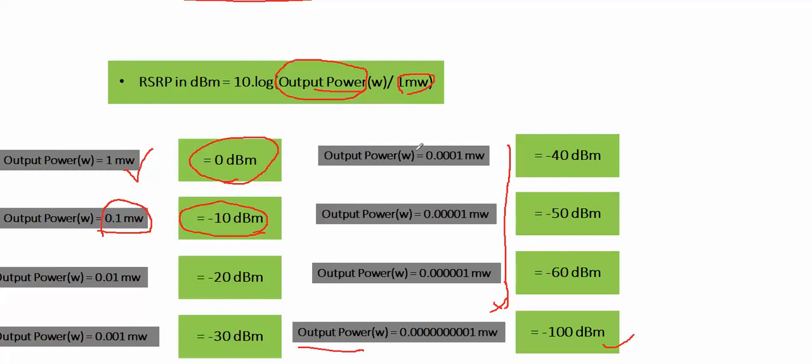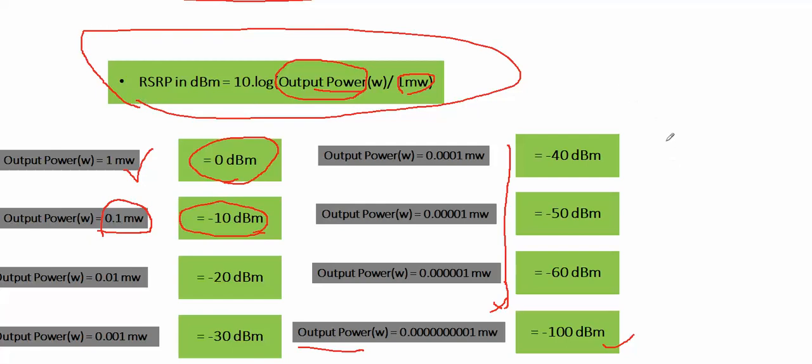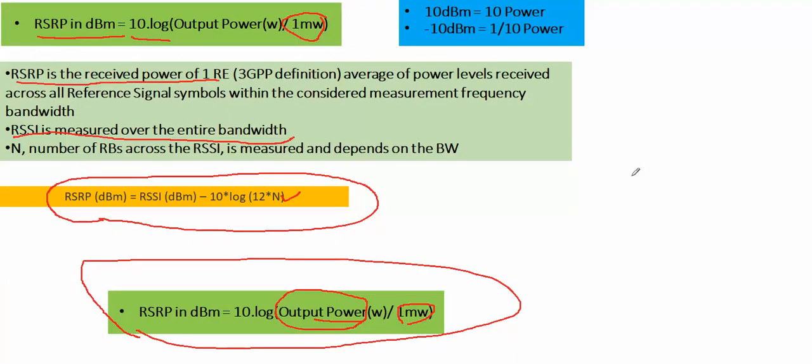I am taking examples that divide by 10, so we get a minus 10 dB difference, which is easy. But in practice we get 1 dB, 2 dB, 21 dB on the basis of the power received, calculated using this formula. So I think you understand.